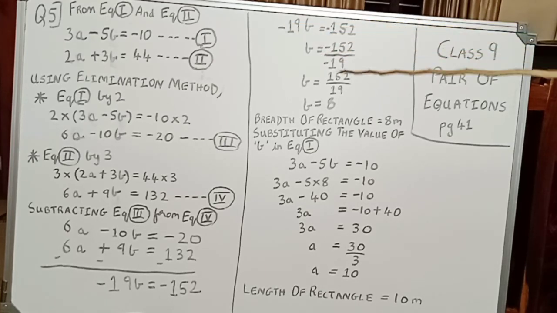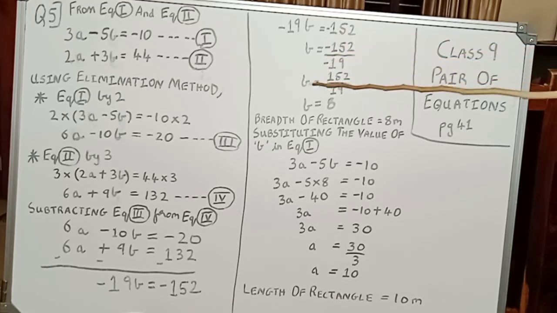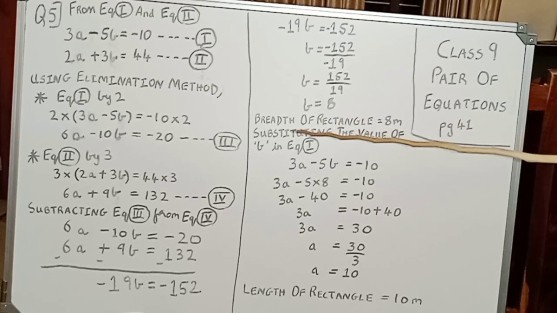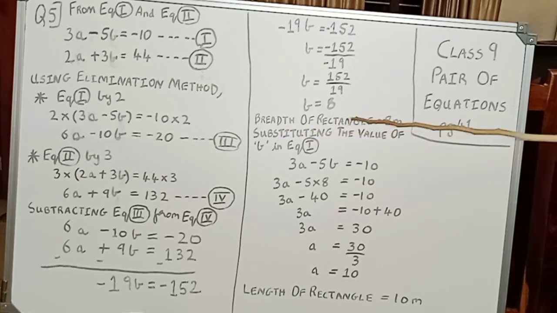This 19 goes here, it becomes divided. And you can see there is a minus sign on top and bottom, so you multiply by minus 1 on top and minus 1 on bottom. So your minus sign will get cancelled. You will get b is equal to 152 divided by 19. Once you divide this, you will get b is equal to 8. So you have got the breadth of the rectangle as 8 meter.